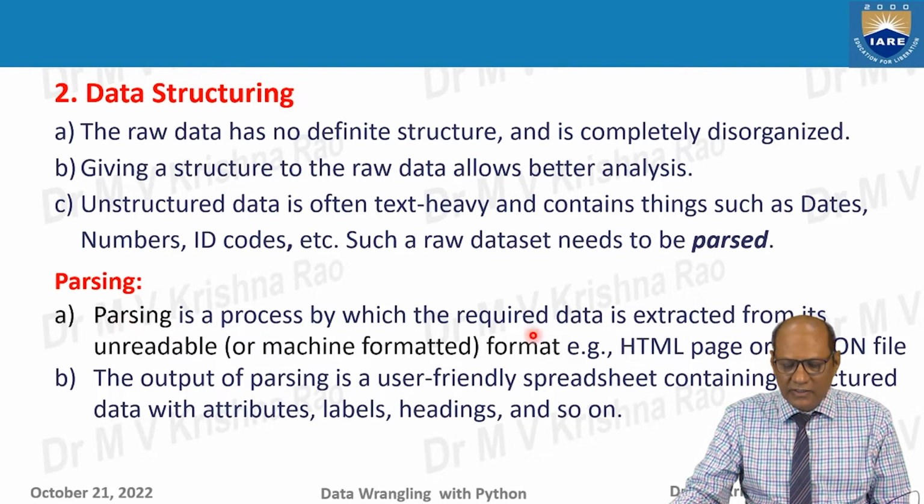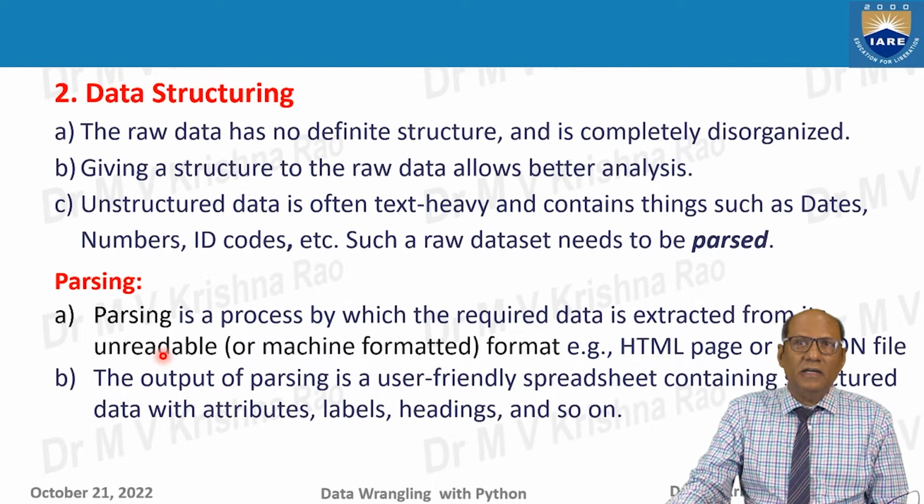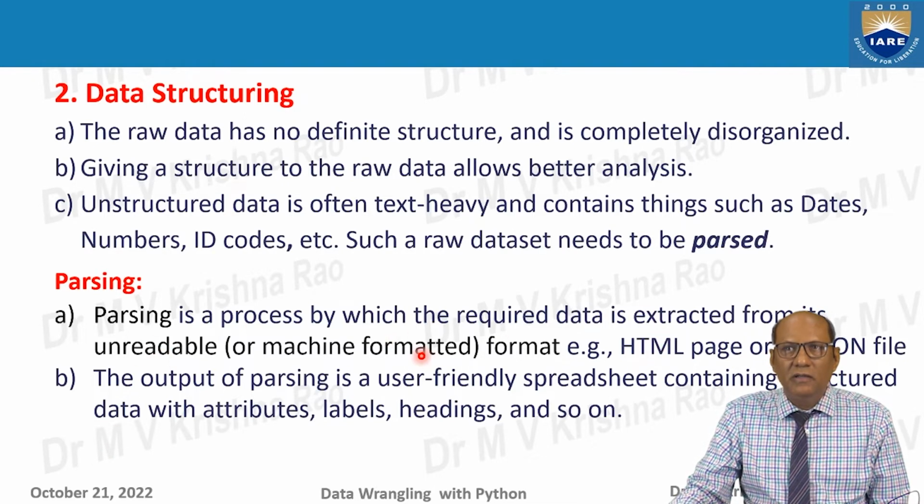Okay, here there is some contradiction. For example, if I take an HTML page, it is already stored as an HTML page, and there is a JSON file, and from these two if you want to extract the data, in that case parsing comes in. Basically parsing is getting rid of the unwanted tags or nodes, unwanted metadata, unwanted header information from the machine readable format.